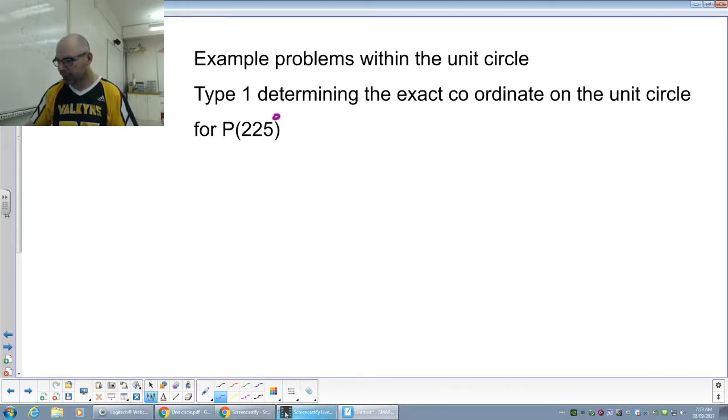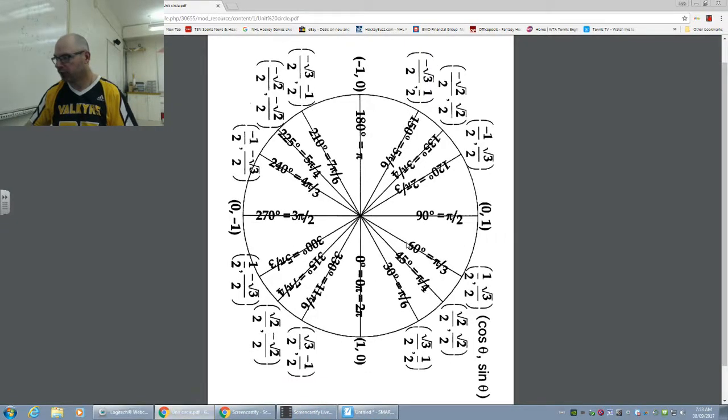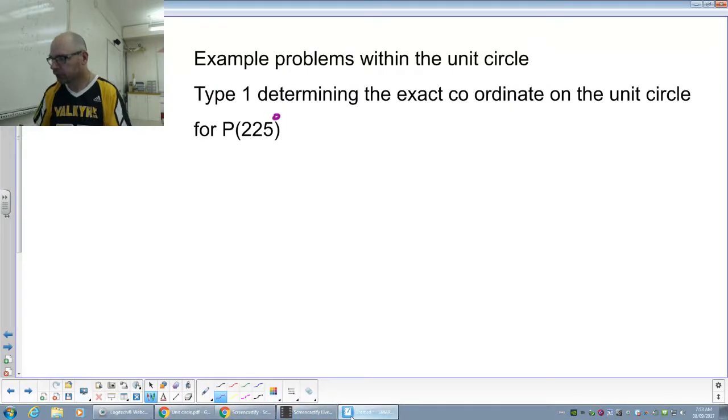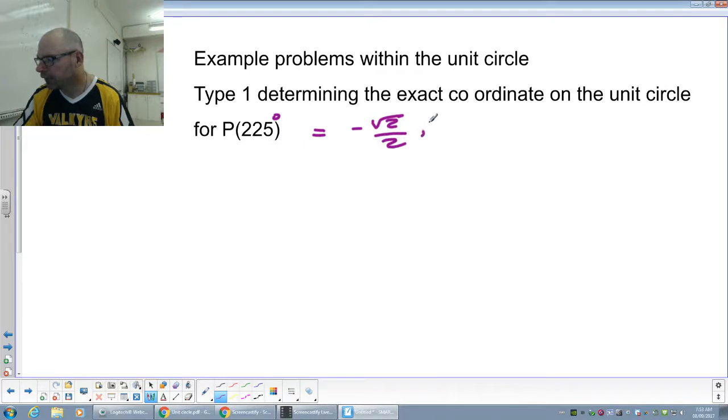We go back to our unit circle and look for 225 degrees right there. It's negative root 2 over 2 and negative root 2 over 2. So our coordinate is negative root 2 over 2, negative root 2 over 2.